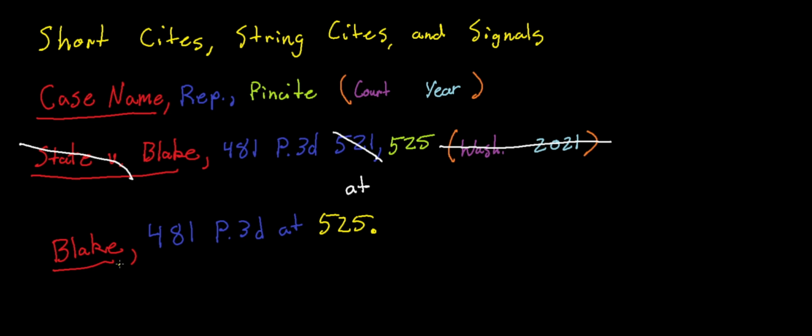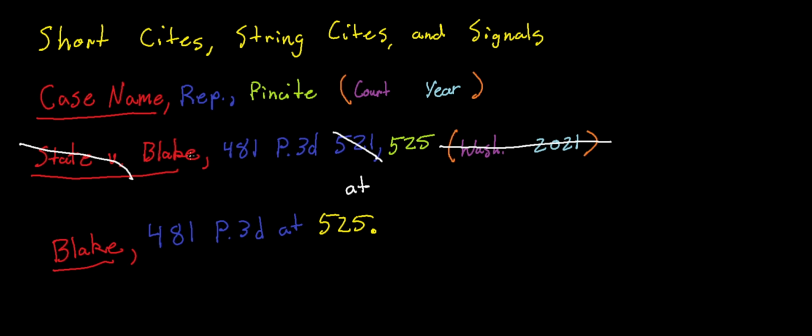Notice that we only have one of the parties in the case, and in this case we used the defendant Blake. In most cases, you want to cite the first name that appears in the case name. But since the first name was a government entity, the state, if we only cited the first name we would have a bunch of cases called state.